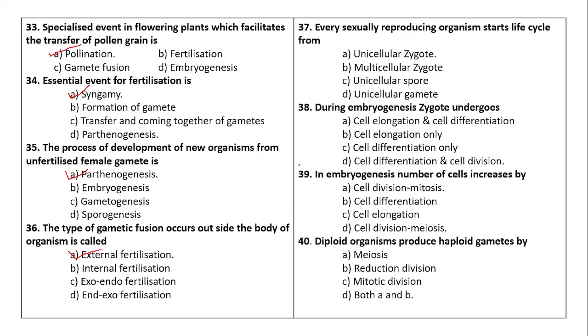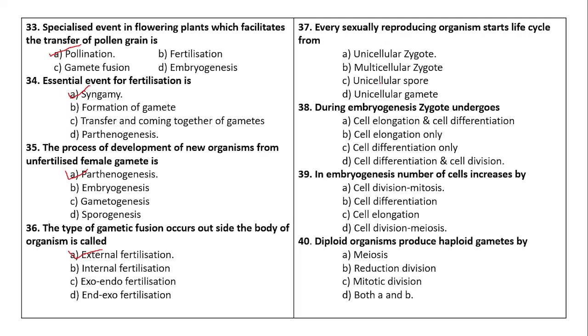Coming to the last question, 37. Every sexually reproducing organism starts the life from what? Very simple, it is zygote, as you already know. By means of formation of zygote, a new individual will be formed or new life will be initiated, right?